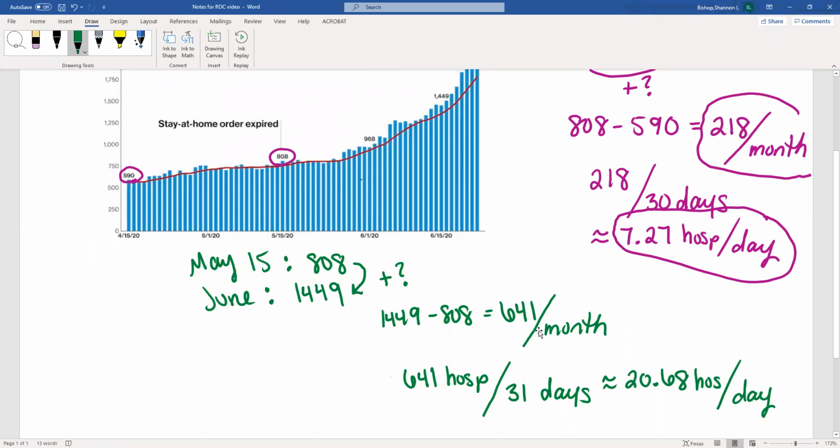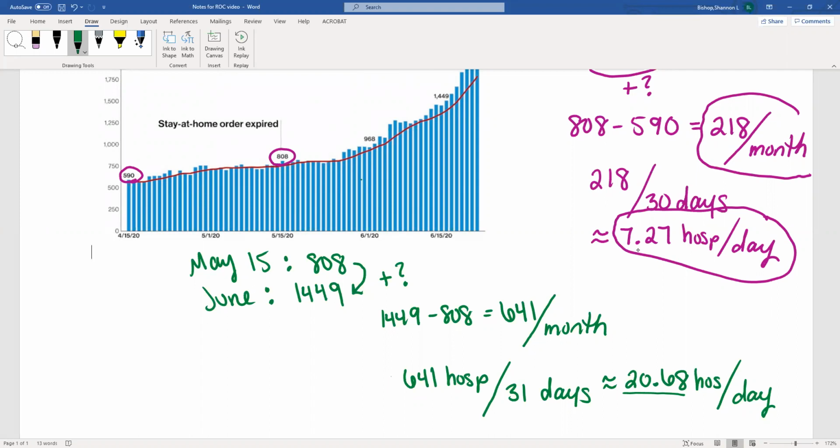So certainly there was a larger increase of hospitalizations from May to June. And that gets confirmed once again if you look at the day-by-day breakdown. So from April to May, there was an increase of about 7 additional hospitalizations each day over the days from April to May. But if you look at the days between May and June, we were experiencing 20 additional hospitalizations each day, for all the days, I should say, in between May 15 and June 15.